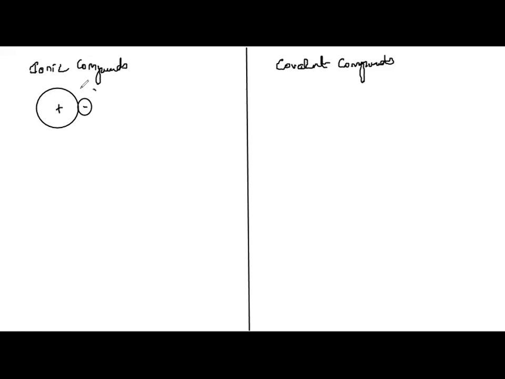Correct? What if it is opposite? If cation is small and anion is large, what will happen? The ionic character will decrease. Depending upon that, I had explained lithium chloride and sodium chloride. Chloride is the same. As you move down the group, atomic size of the cation increases. So where cation is larger, ionic character is more. Therefore, NaCl is more ionic than lithium chloride. Yes or no? This was what we had seen in ionic compounds.